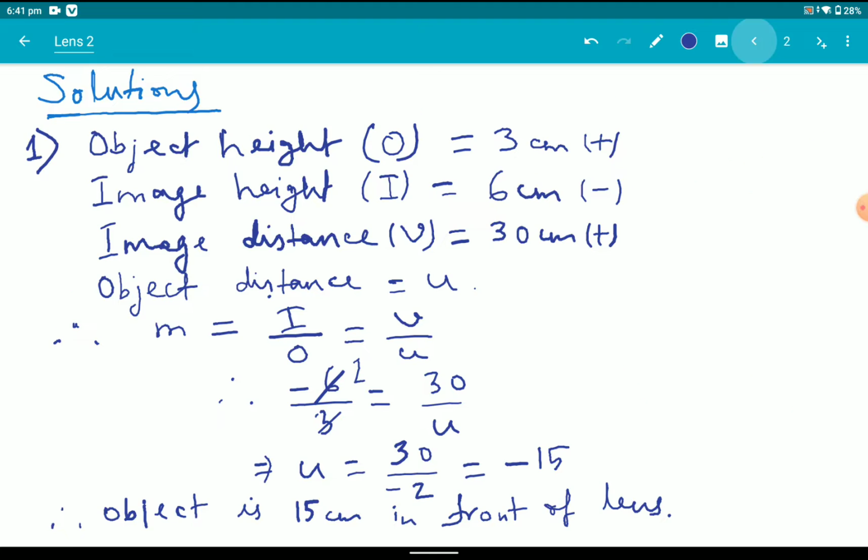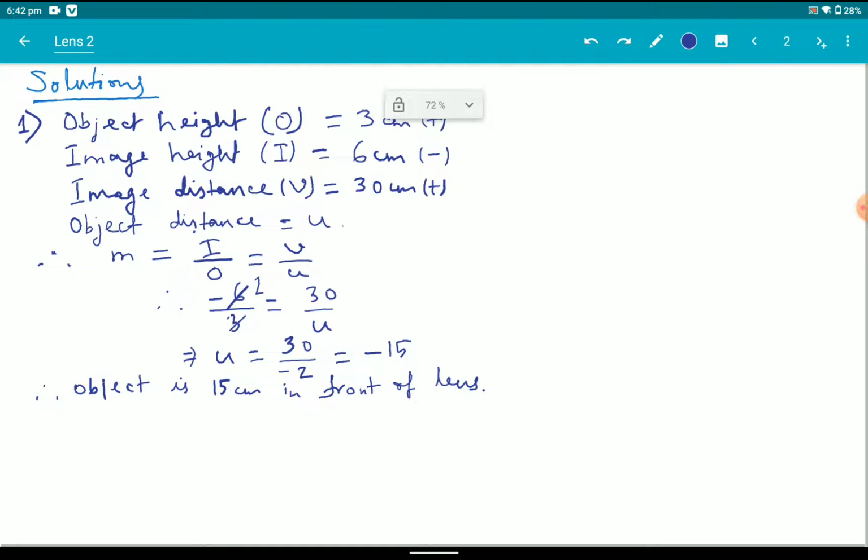Now the second part says, what is the focal length? You know there is a formula for focal length, isn't it? What is the formula for focal length? 1 by f, we know that.